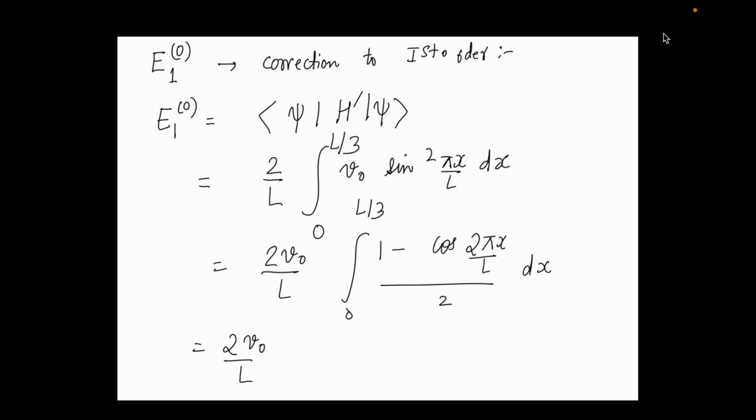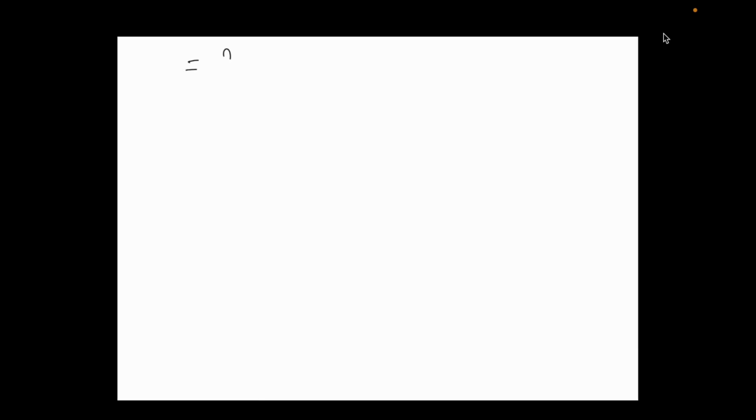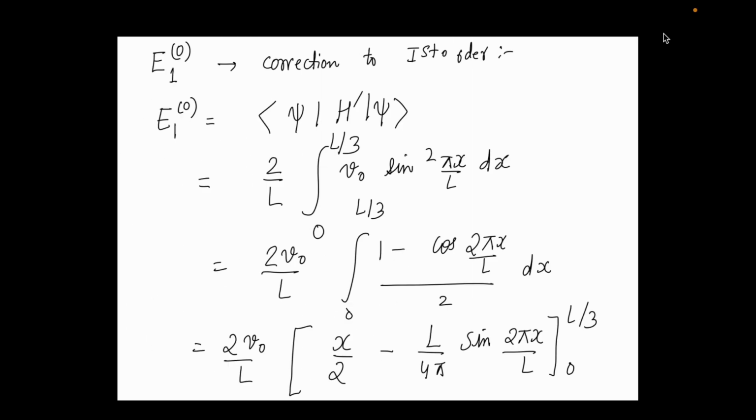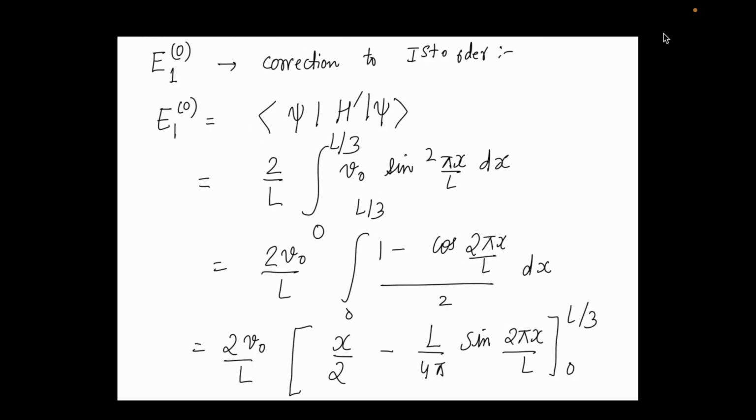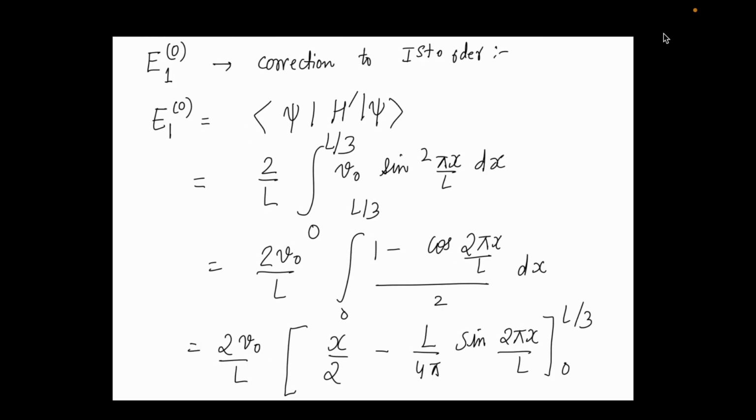Now let's do the integration, which gives x by 2 from 0 to L by 3. If we put the limits in, you would get L by 6 minus L by 4 pi times the sine term.